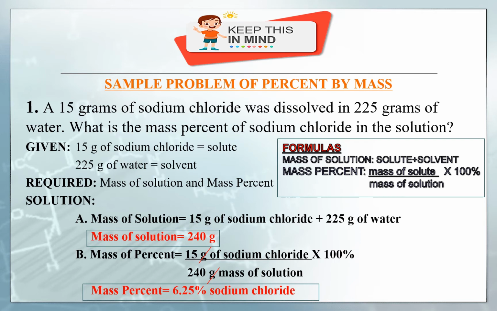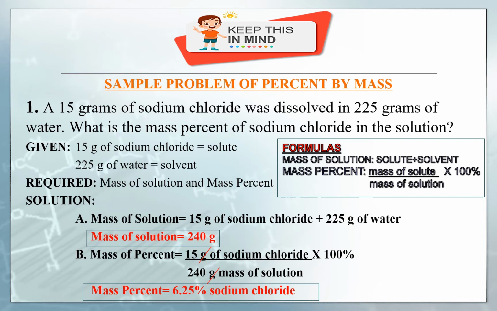So let's solve now for mass of solution. Our value for solute is 15 grams of sodium chloride, and our value of solvent is 225 grams of water. So 15 grams of sodium chloride plus 225 grams of water is equivalent to 240 grams, which is our mass of solution.